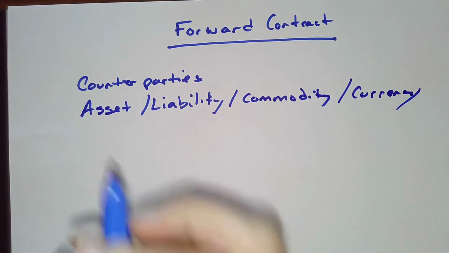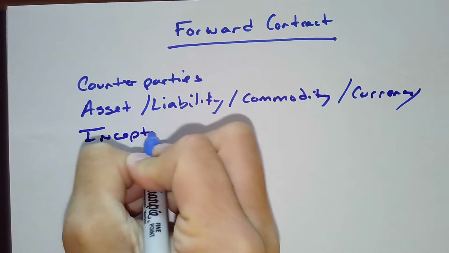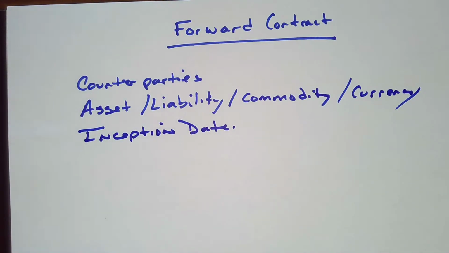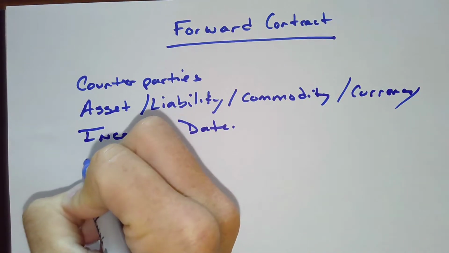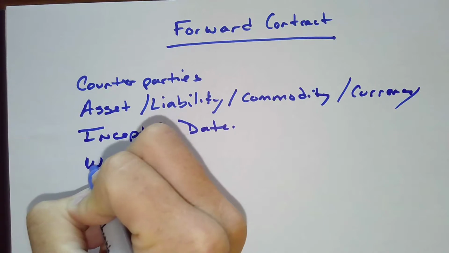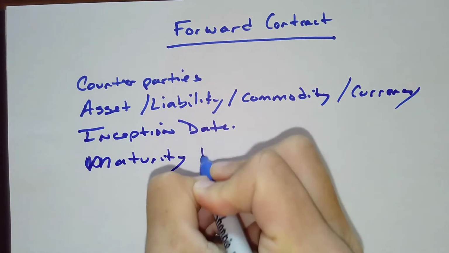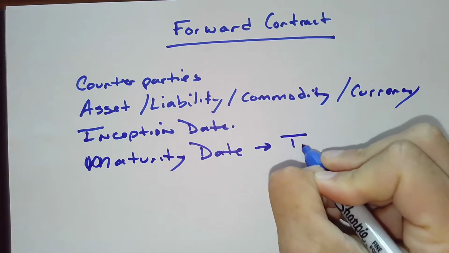Okay? We need to know what is the inception date of the contract. When did we agree to do this? When does it start? Right? When does it become active? We need to know what is the maturity date, or the actual transaction date.